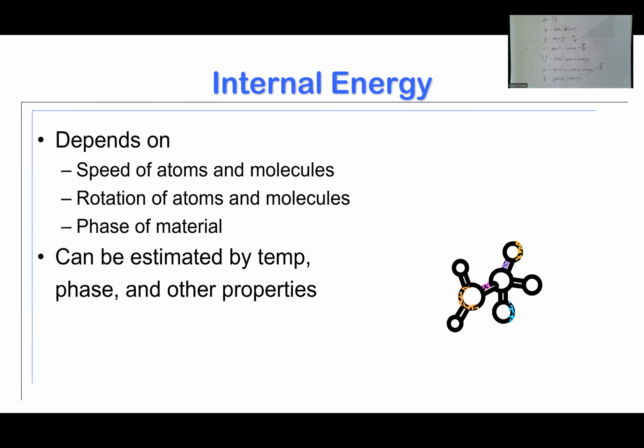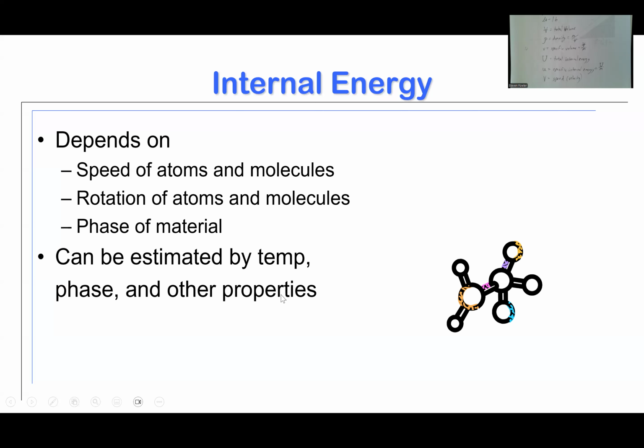And that is ludicrous. We do not have the tools or the technology to do that. We're just now getting to where we can begin to see atoms using different microscopy techniques. No, what we're going to do is estimate the internal energy based especially on temperature, not temperature alone, but especially temperature and the phase and then other properties.